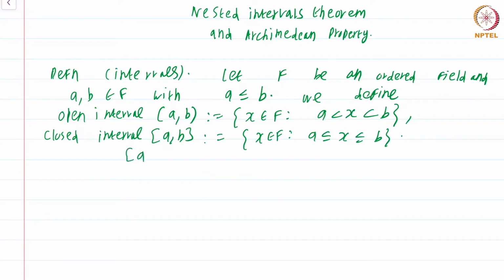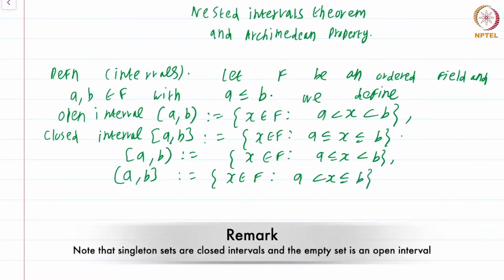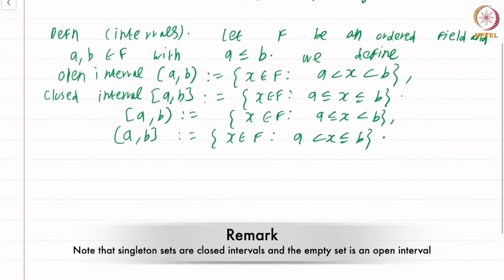Then we also have these half open half closed type intervals. This is just x in F such that a is less than or equal to x less than b, and (a,b] is x in F such that a is less than x but less than or equal to b. So the first one is called the open interval, the second one is called the closed interval.